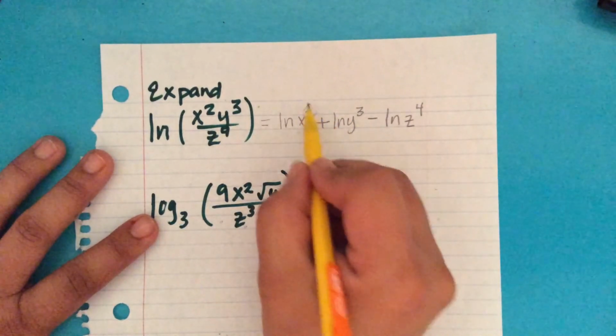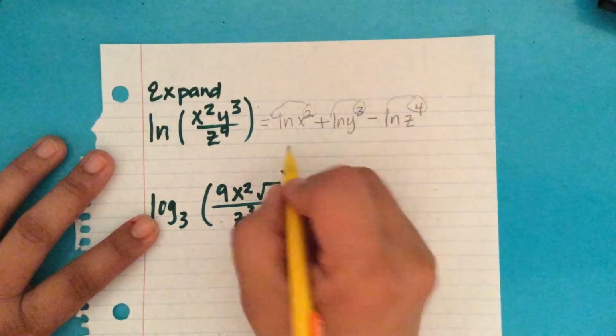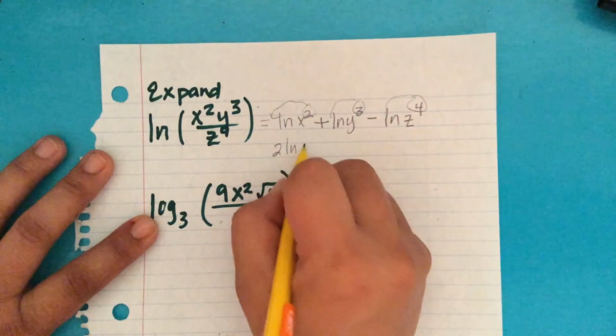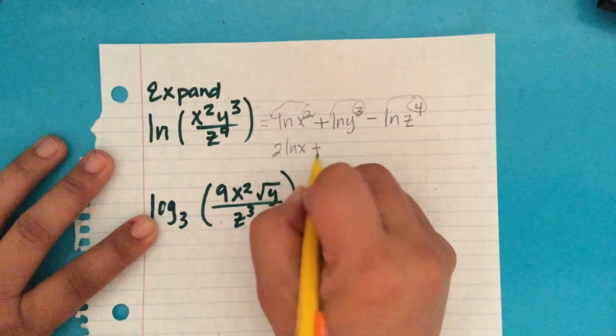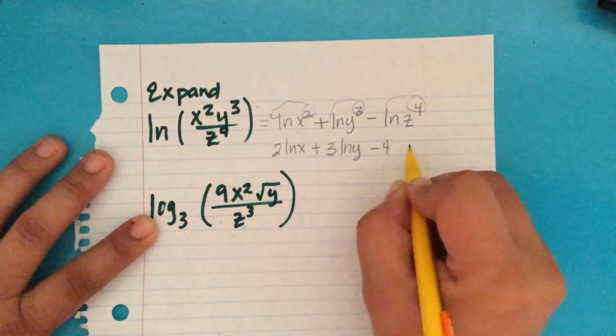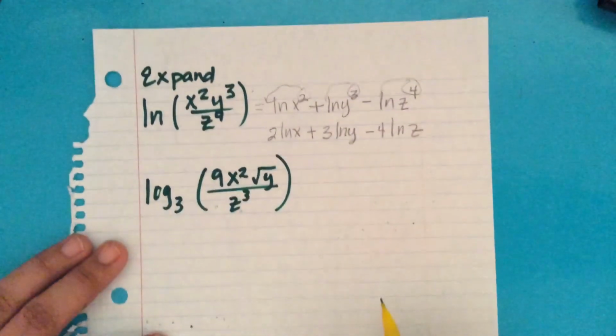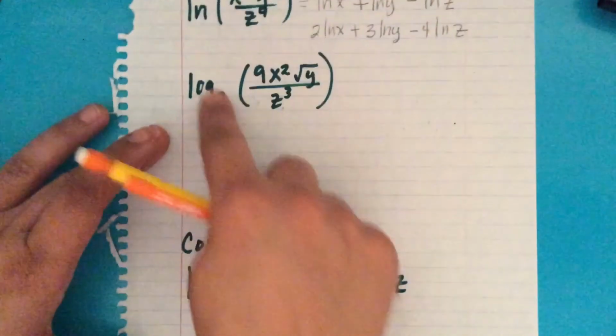And then we have the rule where we bring these down over here, the power rule. We bring them to the front. So that's 2 natural log of x plus 3 natural log of y minus 4 natural log of z. Okay, go ahead and go to the next video so we can finish these up.